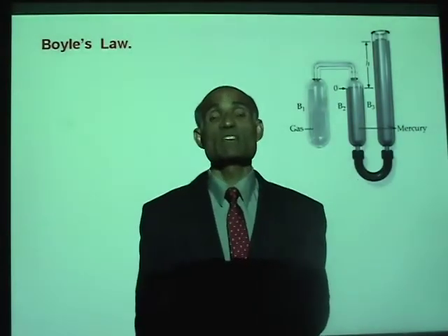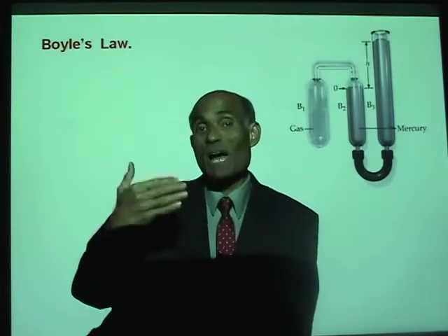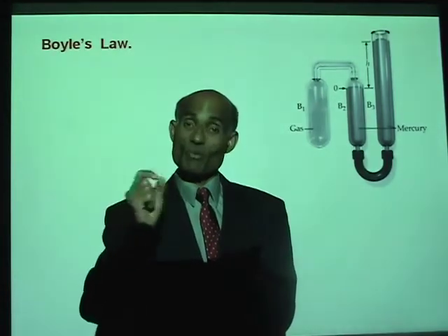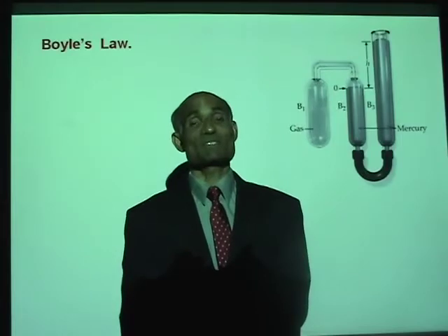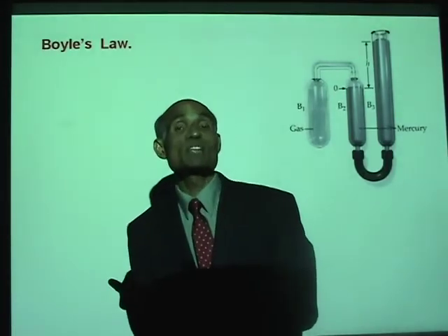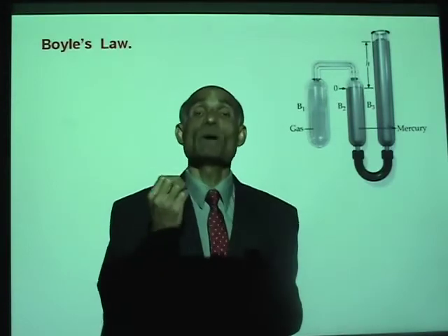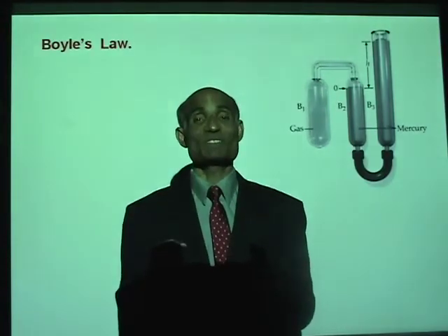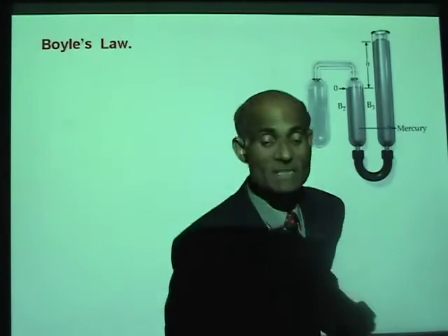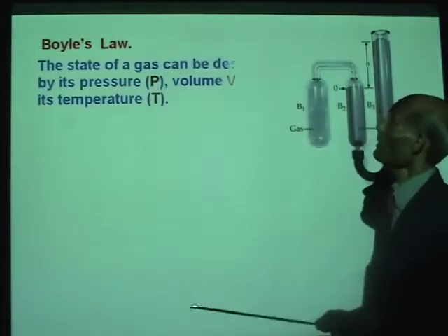Then we will study the relation between pressure and temperature when volume is kept a constant. And then we will study the relation between volume and temperature when pressure is kept a constant. So these are the three studies we will make. All right.